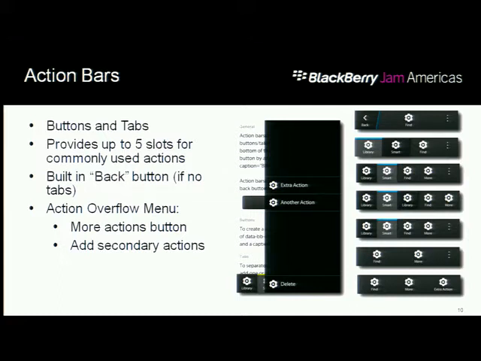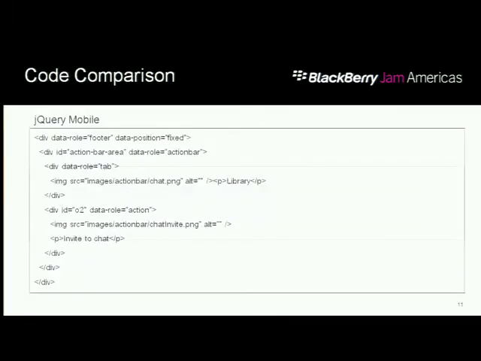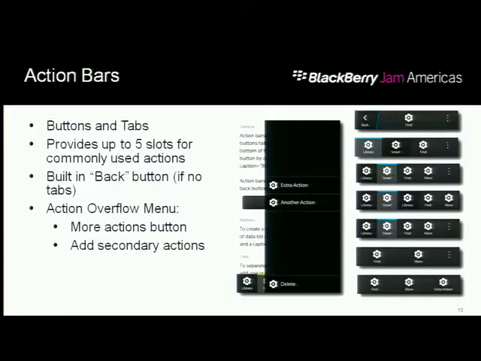You use these to navigate to your different pages. If you have more than can fit on the screen, you have a tab overflow, which I don't have a picture of. I showed it to you in the jQuery Mobile one. It's that list that shows up on the left where the page slides over. And then the actions are more important things, actions that you're acting on as opposed to navigational things.